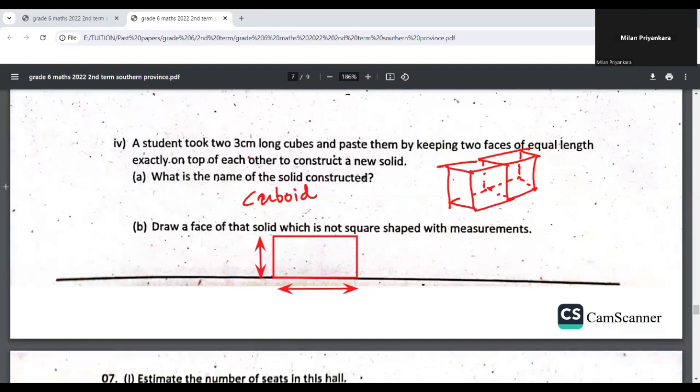So it will be 3 centimeters here, and this will be 6 centimeters here. I think you get this one, right? Because you pasted two of the cubes. Okay.